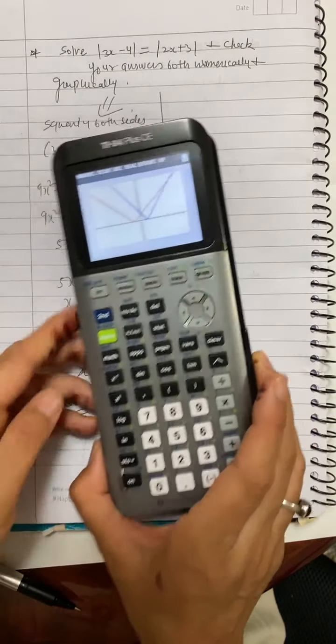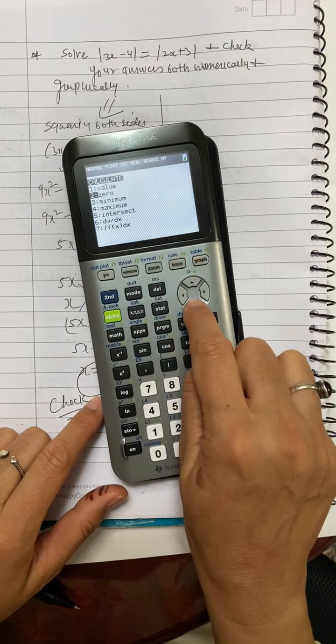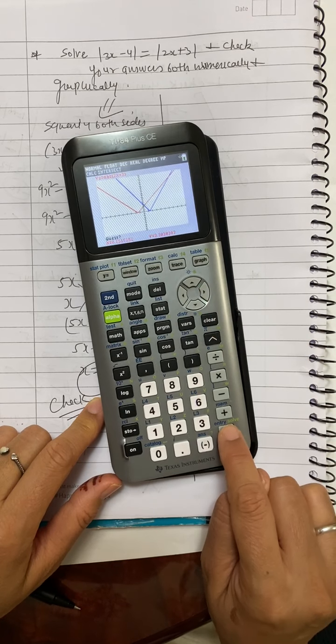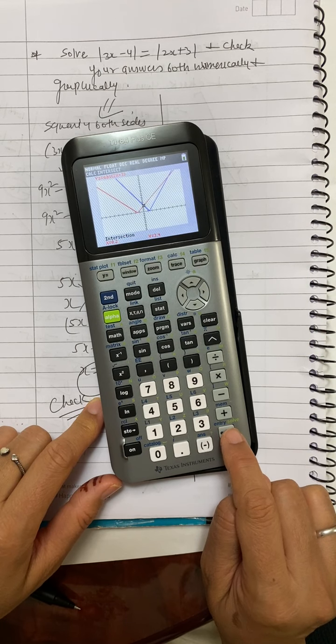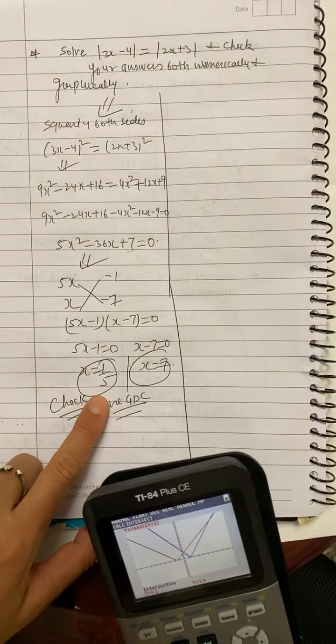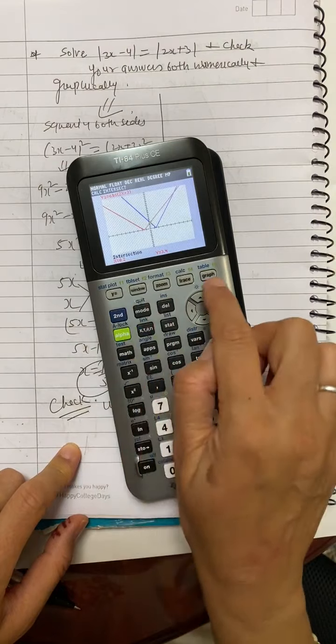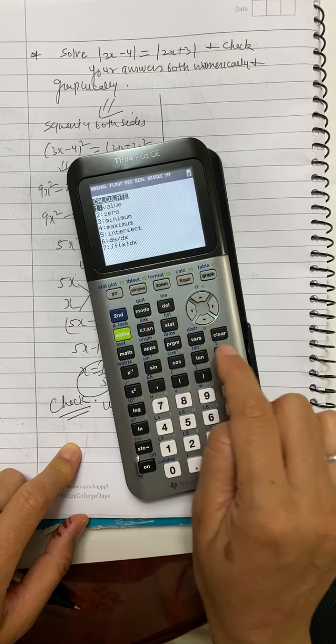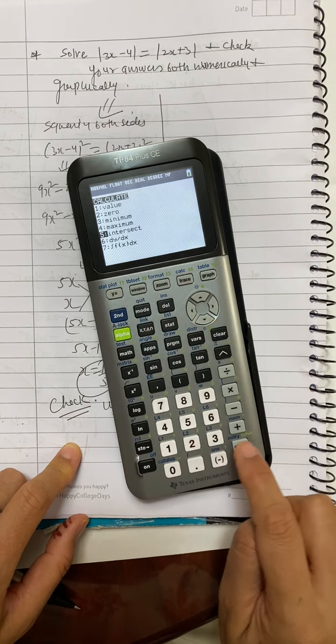Now I can find them again. Go to second trace, go to intersect, and move your cursor. Find the intersection by pressing enter 3 times. So the first intersection you got is x is 0.2, which is x is 1/5. Then same thing, you need to have the graph first, then go to second calc and intersect.